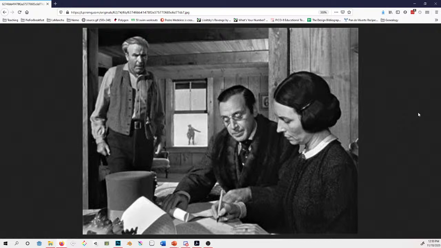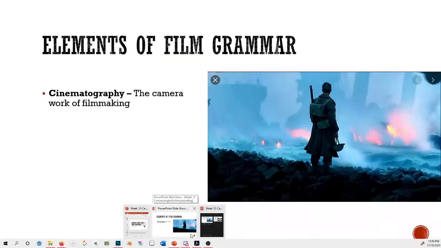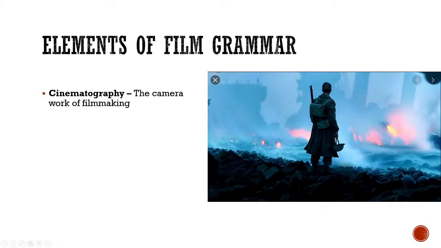And having this gives you a context of who are the players in this scene and what is the conflict of the scene. So, that is how cinematography can be used to tell a story. And it's different in how you would tell a story in a novel, or even in some comic books.